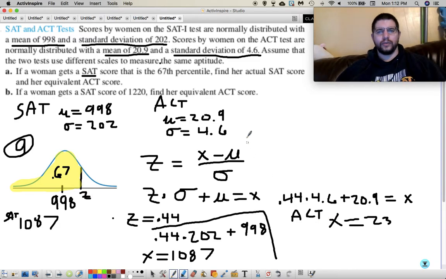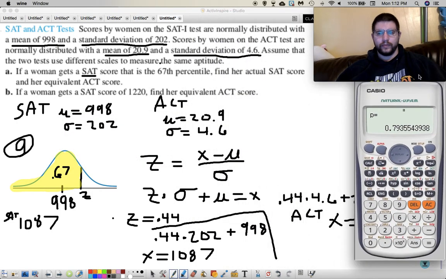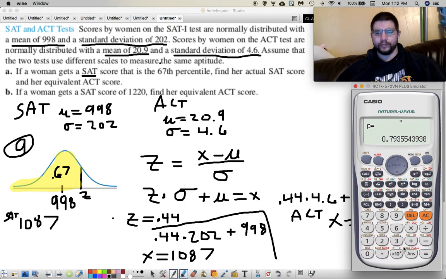Let's see how we do it on the calculators. So again, we're going to go to the inverse normal. The area is 0.67. Put in the standard deviation of, for SAT, 202, mean of 998, and we get the 1087 without any work whatsoever.